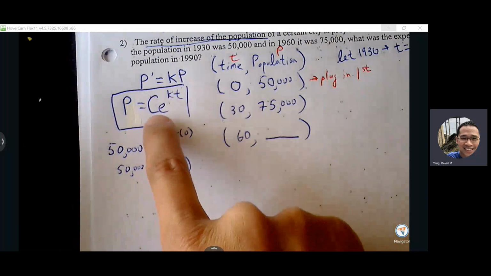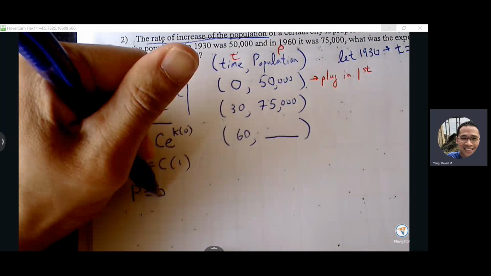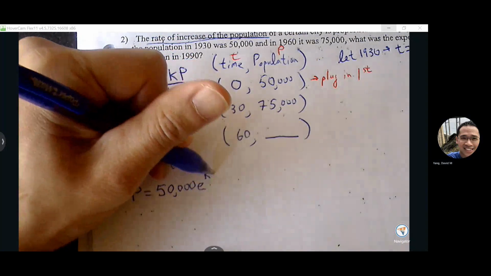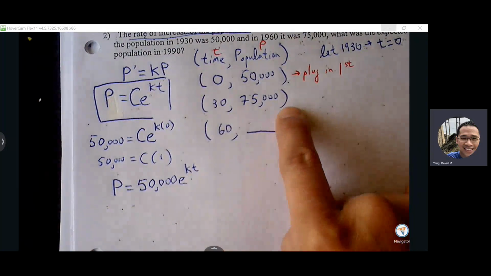So now I'm going to take my general equation and update it so that I can make progress along the way. So now I'm going to use my second ordered pair.